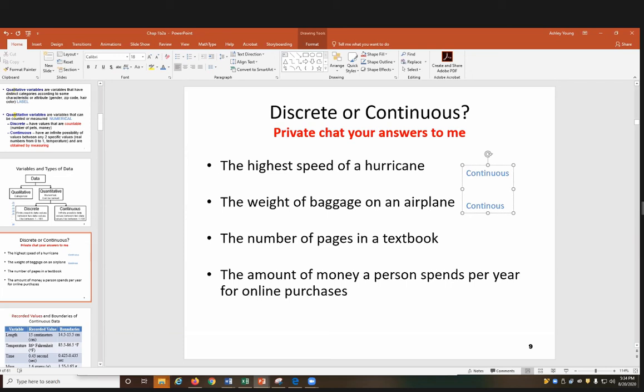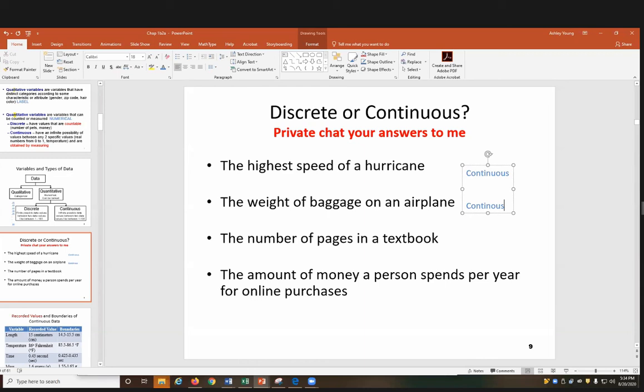Now, some of you may have decided that the weight of baggage on an airplane, when you put your baggage on the scale when you check in, gives you a fixed number because it only goes to the nearest tenth or hundredth of a pound. That's what we call discretizing.